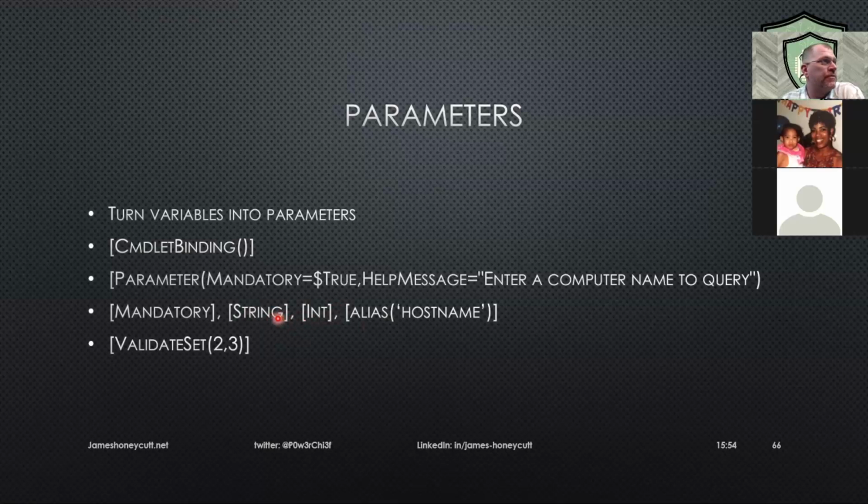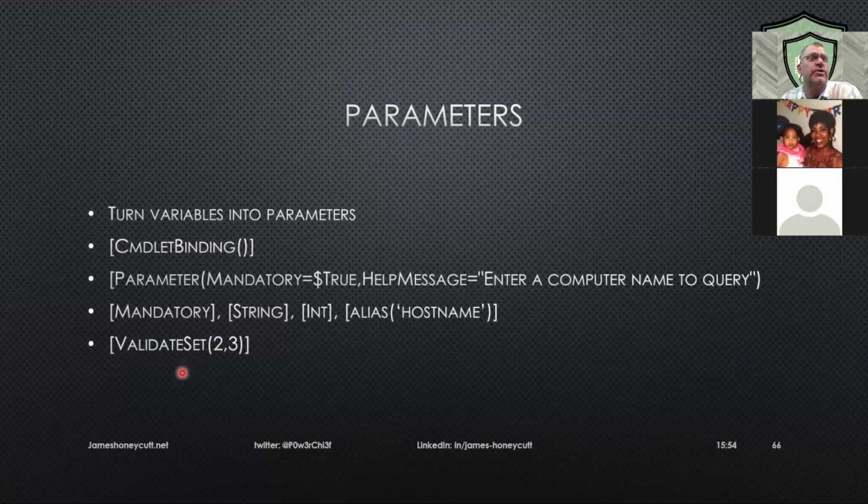In front of your parameter name, you would do this. And what these parameters do is they turn them into variables, essentially, throughout the rest of your script. So as your user is filling out these parameters on the command line, it's converting those into variables from within inside the script.